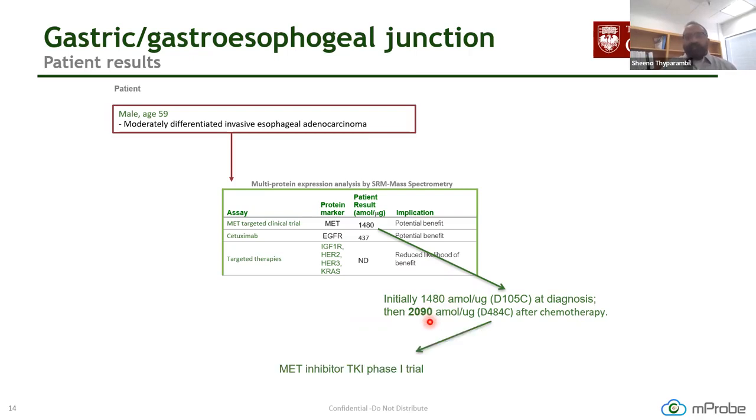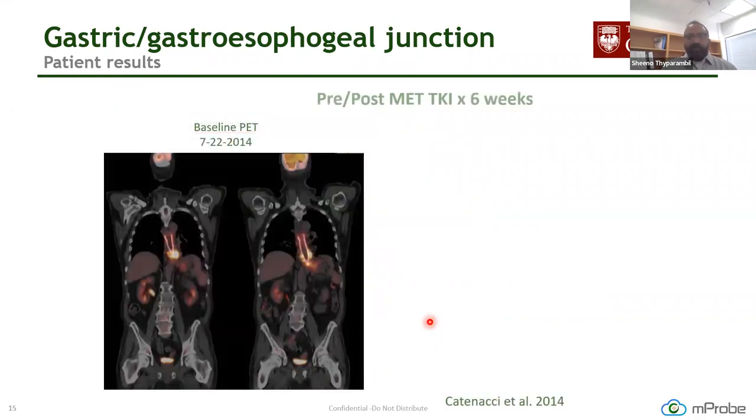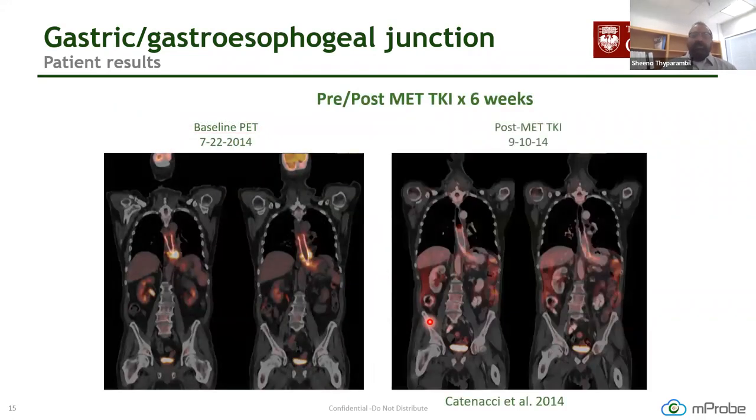So the physician said, that's it, I'm going to put this patient into a phase 1 clinical trial. And you can see the scans from July to September, the patient got their cancer resolved. This is where we were able to help a physician make a decision on moving them into a clinical trial space.